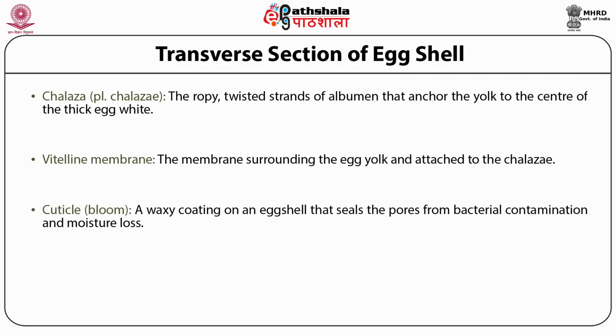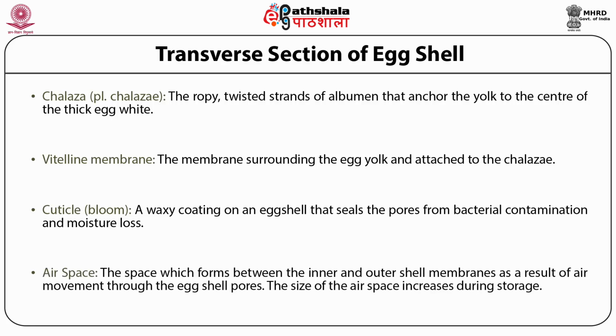Cuticle, or bloom, a waxy coating on an eggshell that seals the pores from bacterial contamination and moisture loss. Airspace, the space which forms between the inner and outer shell membranes as a result of air movement through the eggshell pores. The size of the airspace increases during storage.